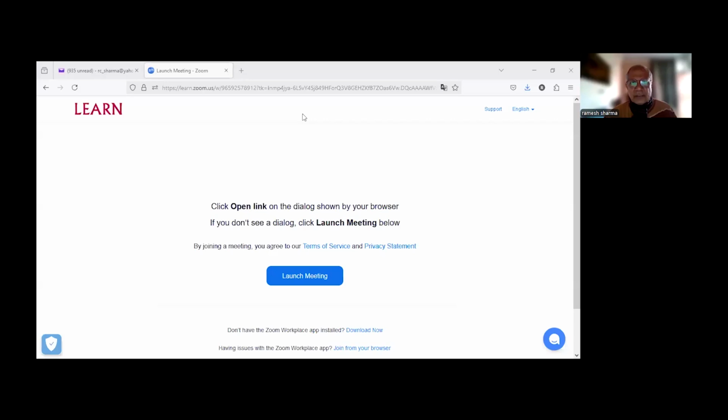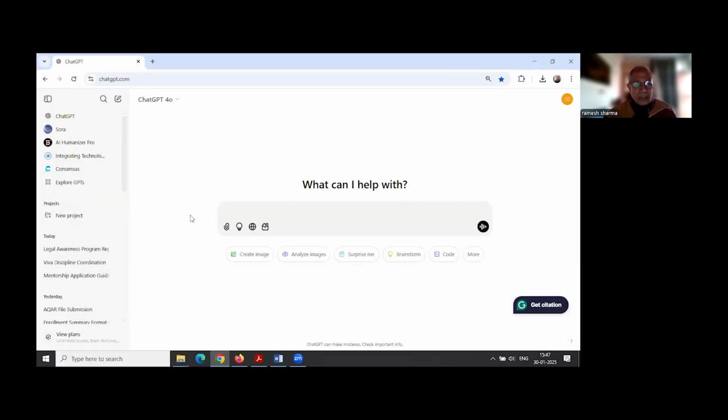So now let us see some of the AI tools and how we can use them. One of the tools, I think everybody knows about it. This is quite powerful.